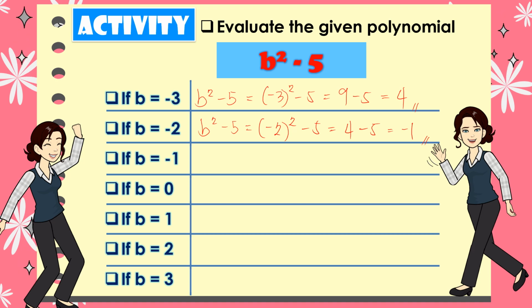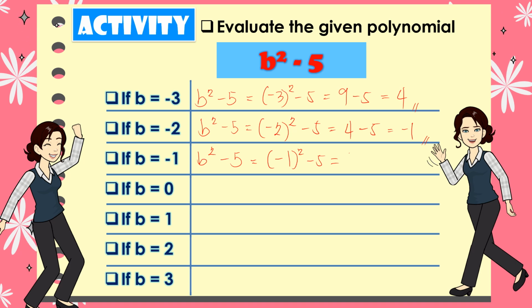Next, if b is equal to negative 1, okay, let's see. So, negative 1 squared minus 5. Negative 1 squared is the same with negative 1 times negative 1.